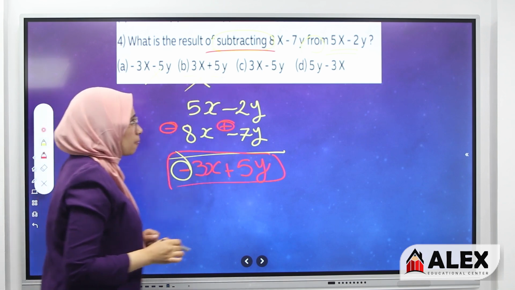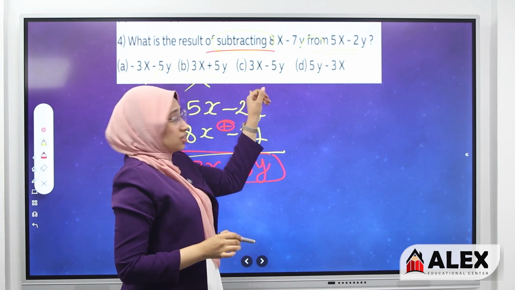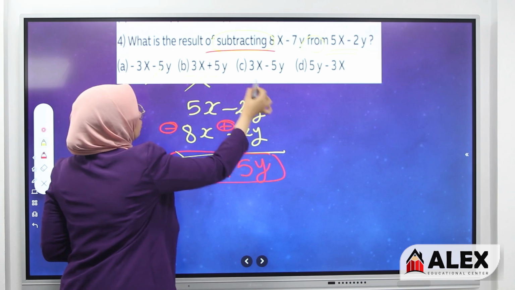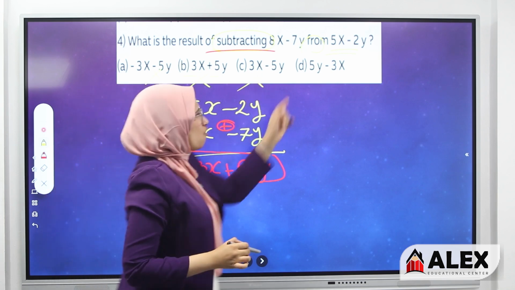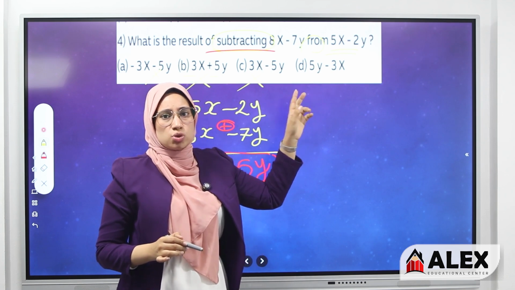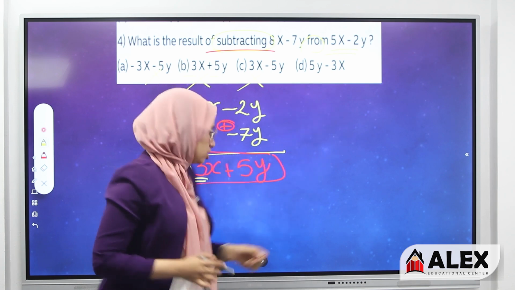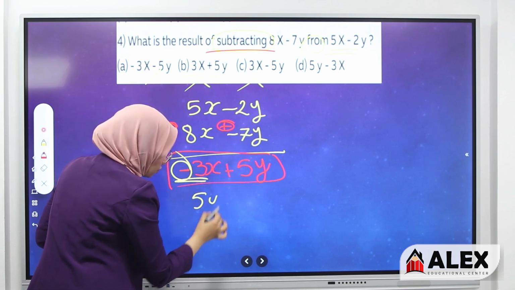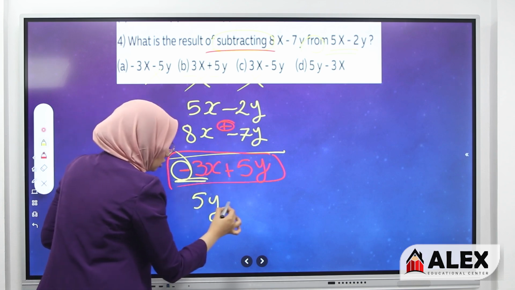Wrong choice. Positive 3x, no, x is negative. Wrong. 5y negative 3x. Yes, but we make what? We arrange it. This one starts with 5y, which is positive, and then negative 3x.